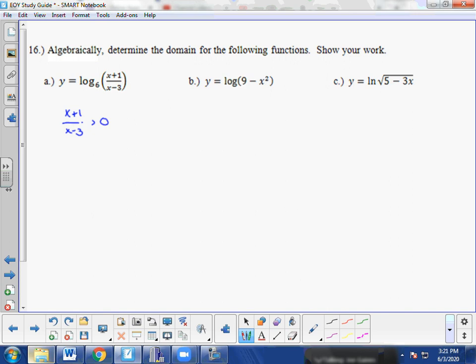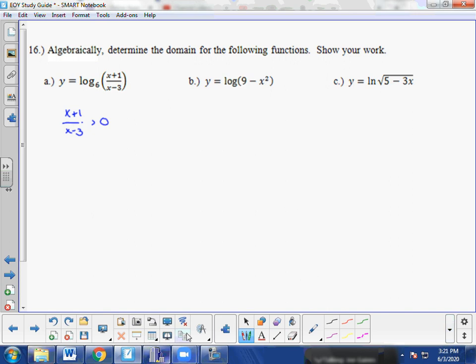Okay, so if I want the function to be a value that is greater than 0, for this function, either the numerator and the denominator have to be less than 0, they both have to be negative, or the numerator and the denominator have to be greater than 0, they both have to be positive.